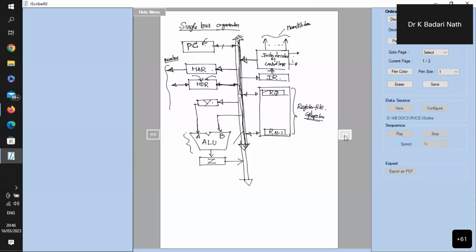So I require an incrementer for the program counter. In older systems, in a single bus organization, generally the ALU itself is used to add the number 4 to the program counter. In such cases, they introduce a multiplexer in the organization. Either it will take the Y operand, or a constant 4 is supplied to the multiplexer.